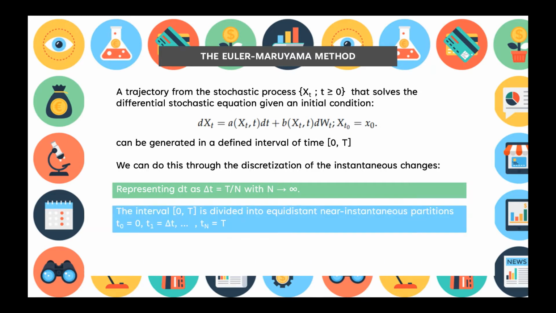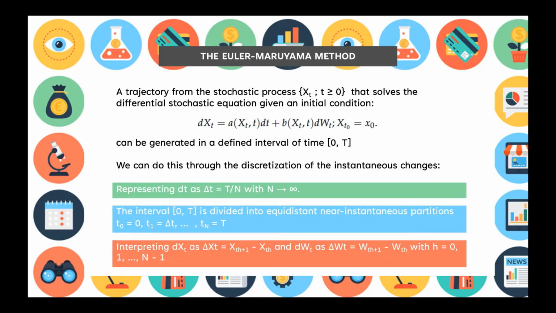The interval between 0 and t is divided into equidistant near-instantaneous partitions: t0 equals 0, t1 equals delta t, up to tn equals t. We interpret the derivative of x as delta x equal to the difference between the following value of x and the actual value of x, and the derivative of w as delta w equal to the difference between the following value of w and the actual value of w, with h equal to 0, 1, up to n minus 1.